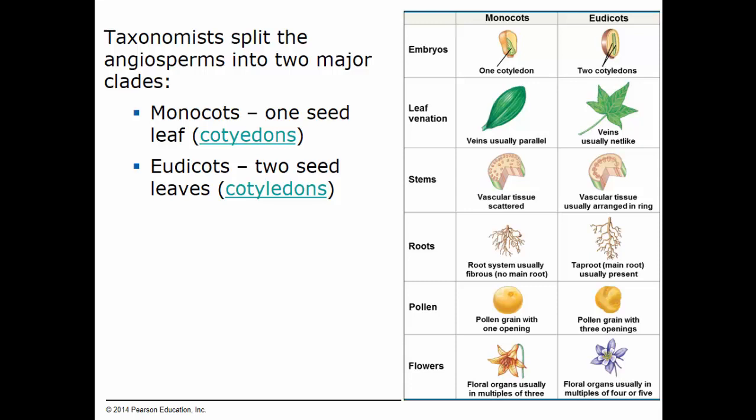We can tell by looking at leaves, stems, roots, pollen, or flowers whether the plant species is a monocot or a dicot. This table here shows some of the major differences. We'll have a chance to explore these differences in greater detail in the lab that we're doing this week.